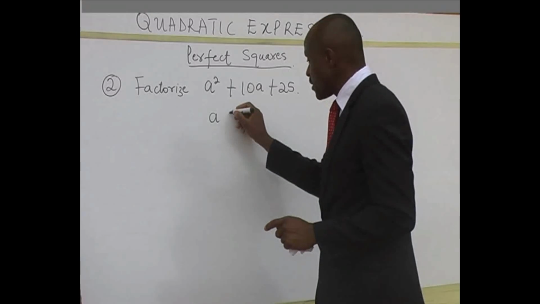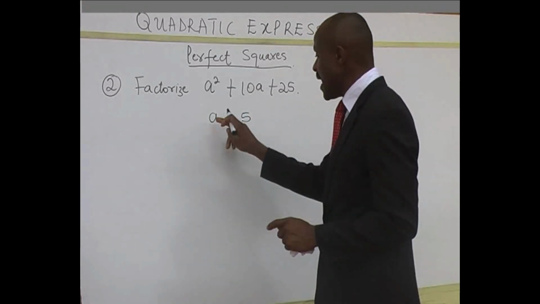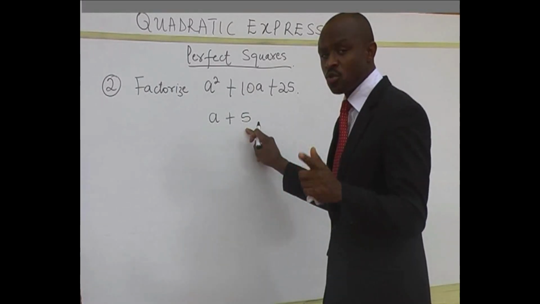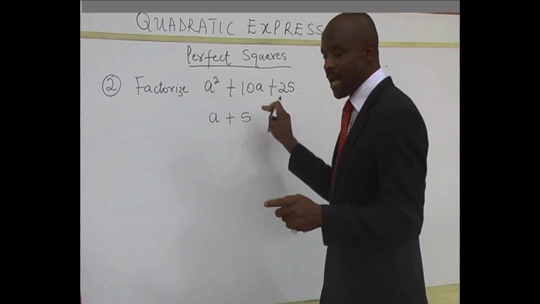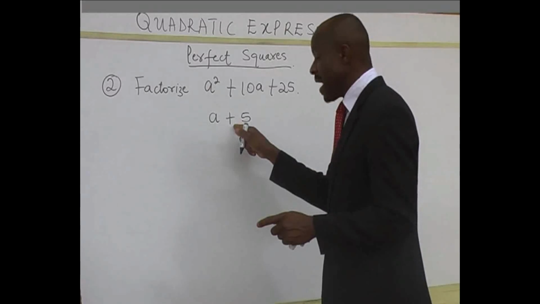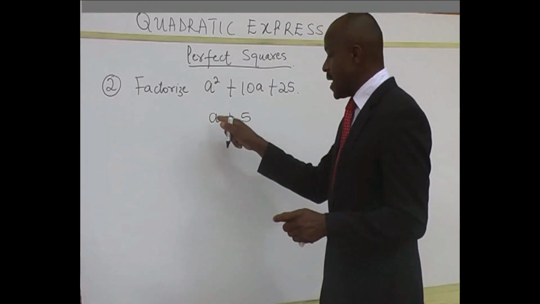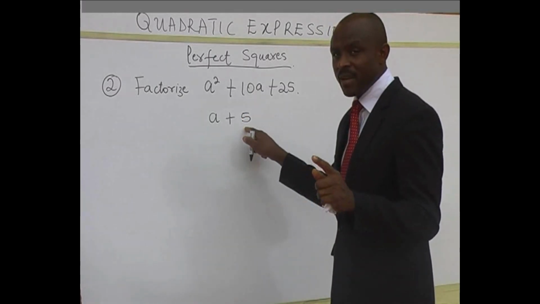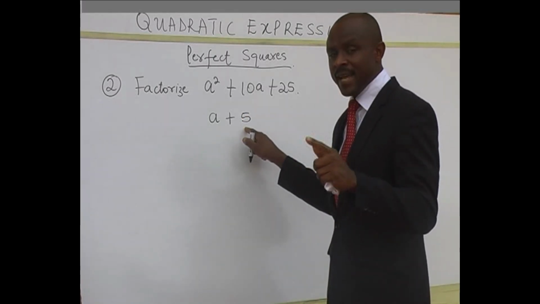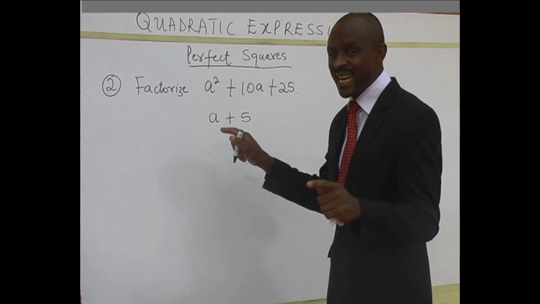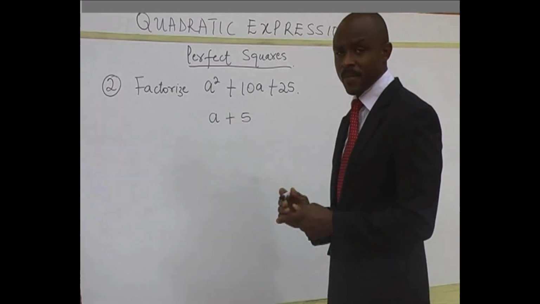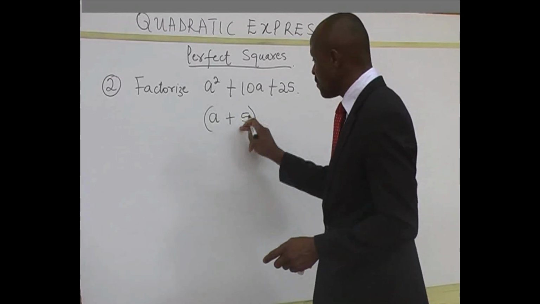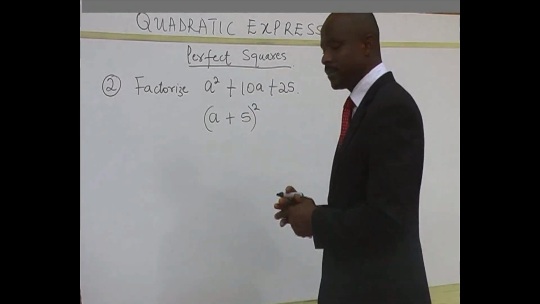It must be plus, because it is only a times plus 5 times 2 that will give you plus 10a. If you put minus, a times minus 5 will give you minus 5a. And minus 5a times 2 will give you minus 10a, which is not what we have here. So that means this concept becomes correct when we write a plus 5 squared.